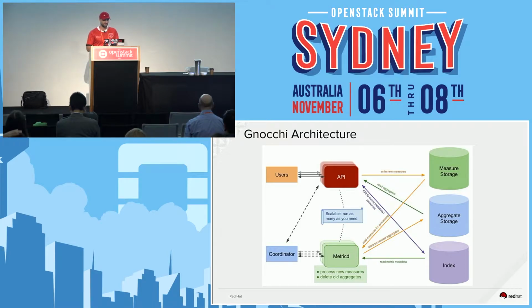For Gnocchi 4, that has been separated so that measure storage is now separate from your aggregate storage. A good example of this would be using Redis to store your incoming measure data and having Ceph store the long-term aggregated processed metrics. And then lastly, there's an index, and that's in MariaDB.